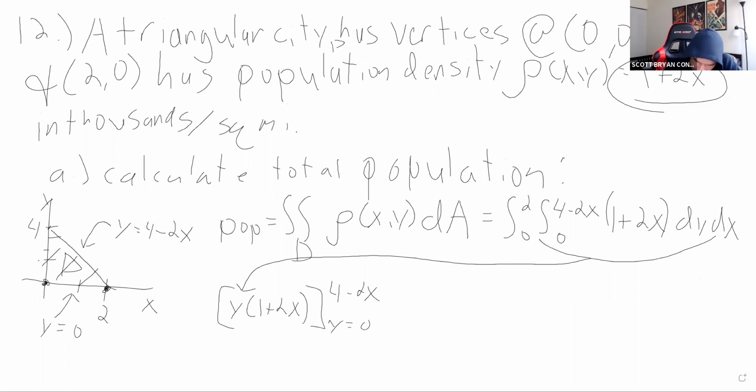And so this is (4 minus 2x) times (1 plus 2x). When we FOIL that out, we get 4 minus 2x plus 8x, so that's 4 plus 6x minus 4x squared. And so we plug that into our inner integral.